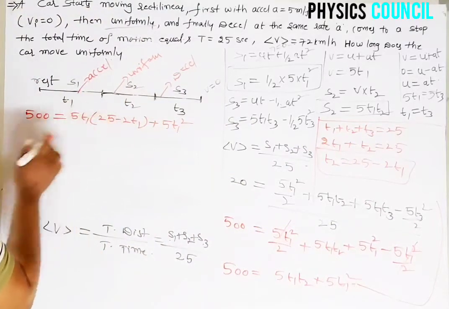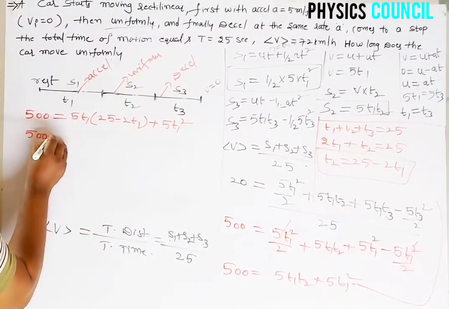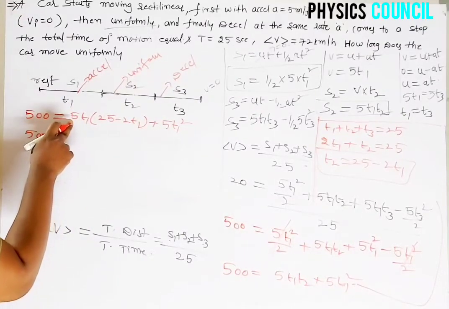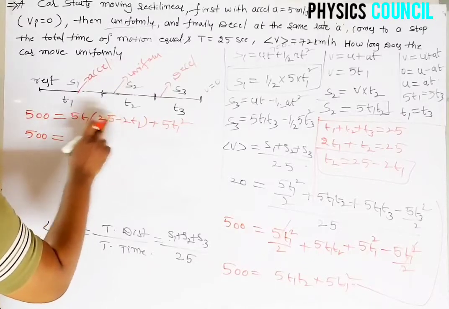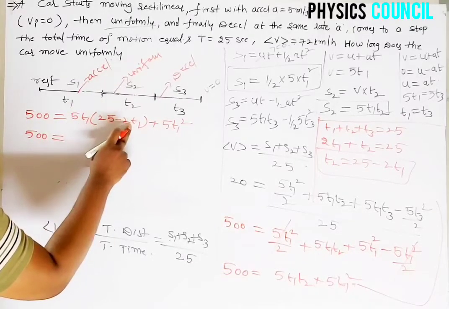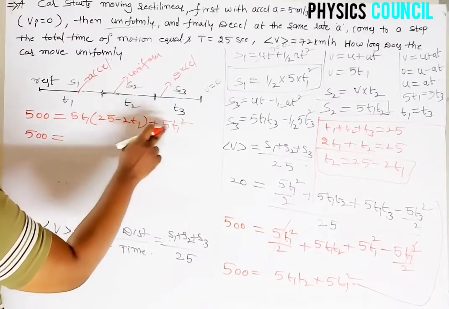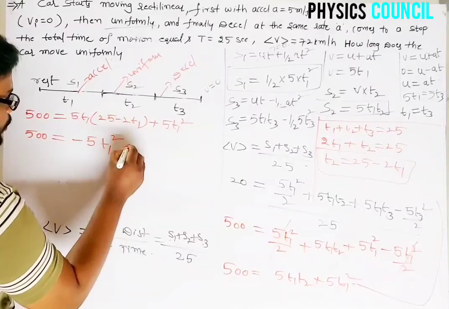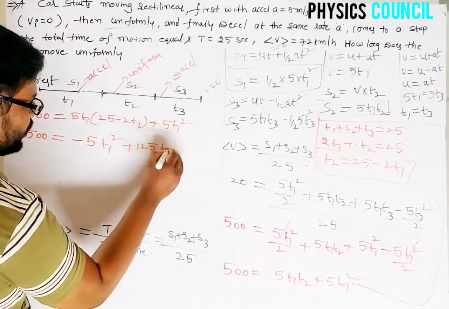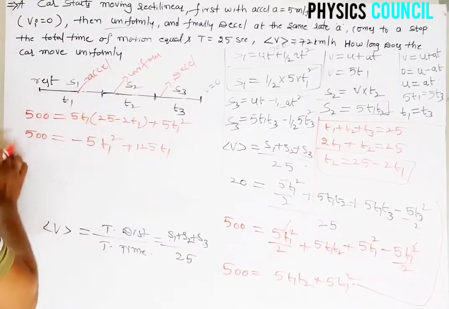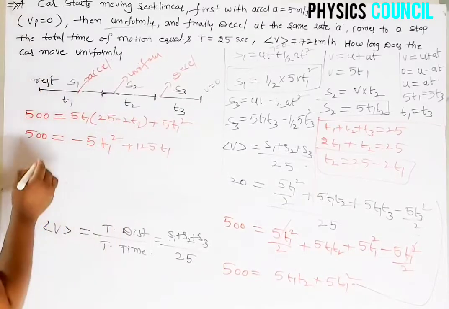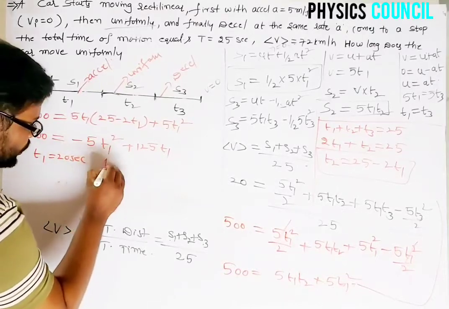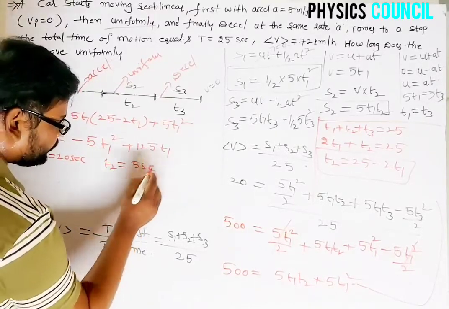So 500 is equal to 25 into 5, that is 125 t1, minus 10t1 square, and this is 5t1 square, that means minus 5t1 square plus 125 t1. So by using this quadratic equation we are able to get t1 is equal to 20 seconds or t2 is equal to 5 seconds.